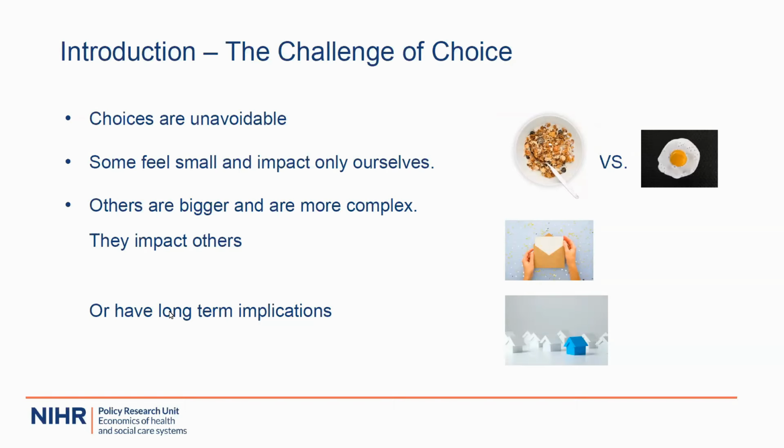But there are many choices we have to make which feel more complicated and can be more difficult to make. Those are often the ones which do affect others, such as inviting somebody to a gathering. And they're also ones which can result in a long-term effect, such as if we were to move house.